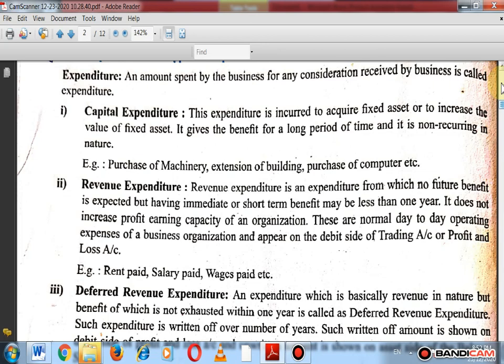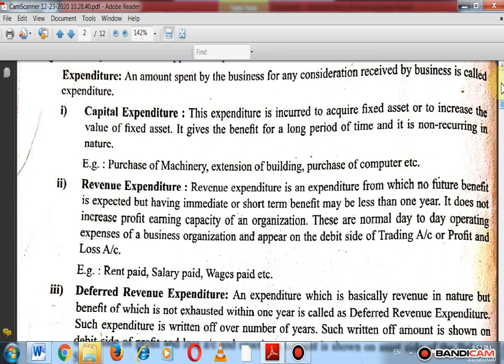Non-recurring means it is not incurred year by year. It is incurred once in 5 years or 10 years, depending upon the fixed assets of the business organization.